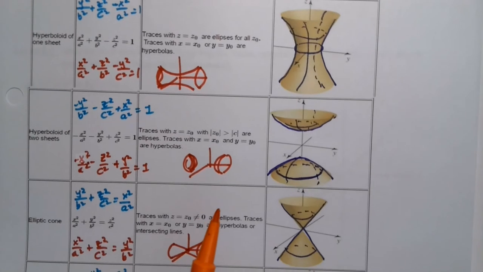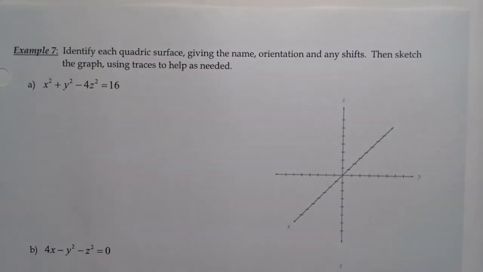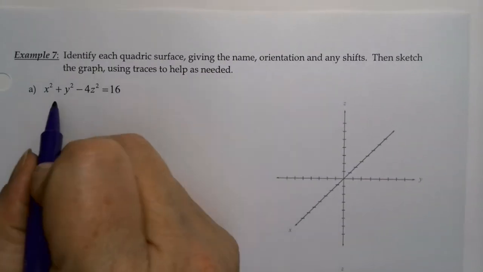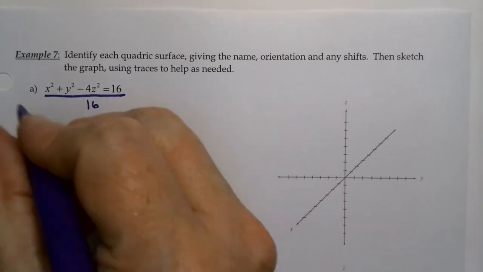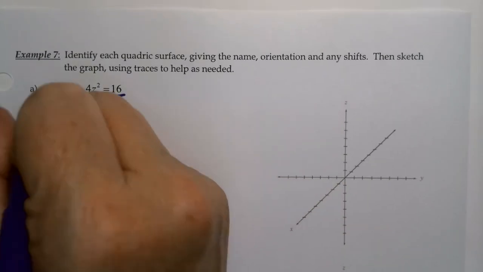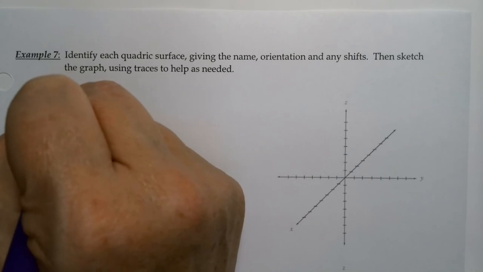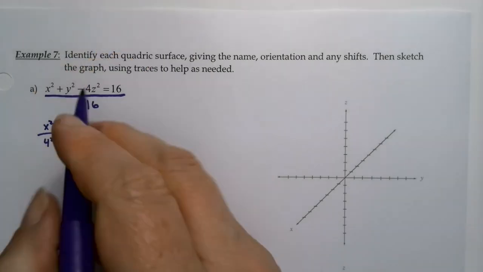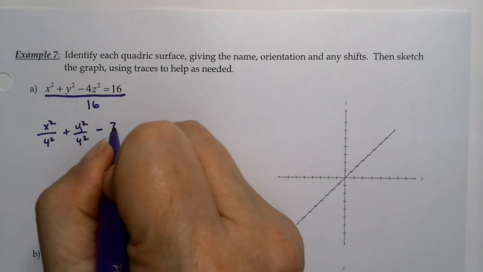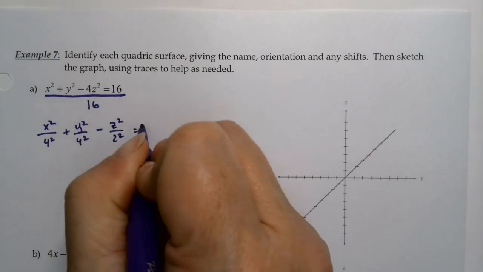So I'm going to try some algebra here to manipulate this. I'm going to try dividing everything by 16, because why not? That would turn it into x squared over 4 squared plus y squared over 4 squared minus, well, 4 goes into 16, 4, so that's z squared over 2 squared equals 1.